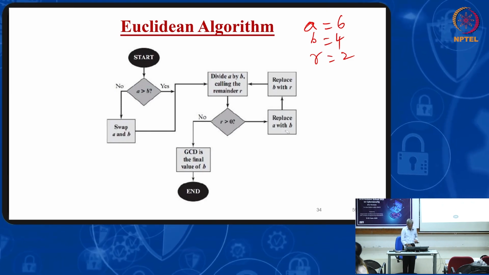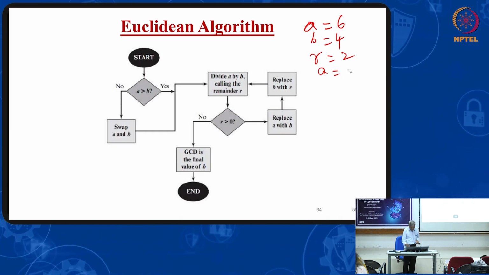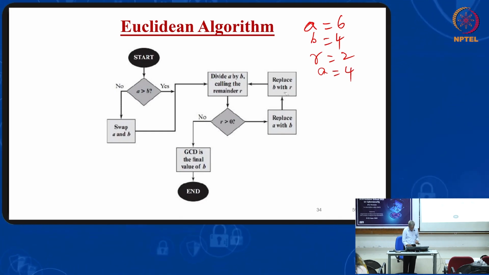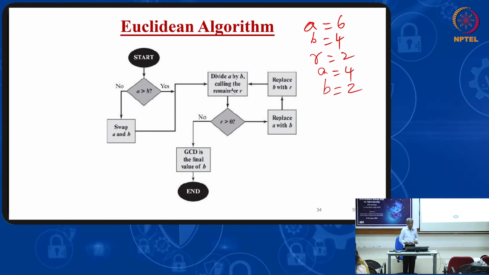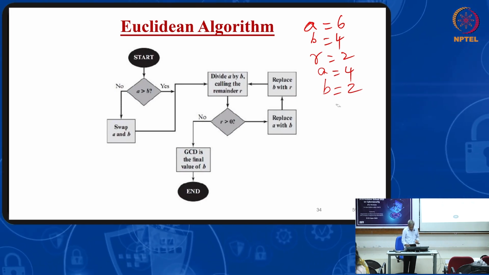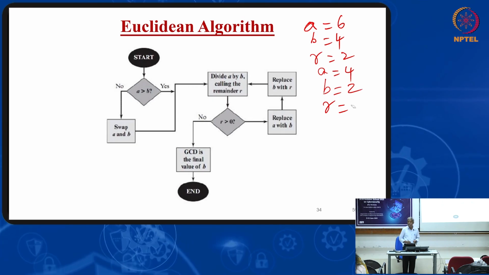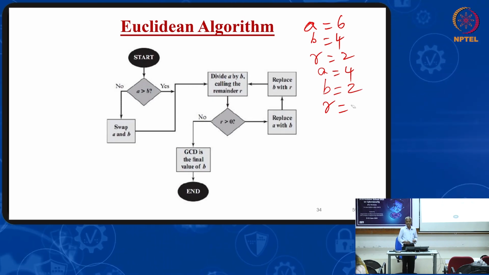Yes. If it is so, replace A with B. That means A equal to 4. Replace B with R. B equal to 2. Once again divide A by B. If you divide A by B, how much is the remainder? 4 divided by 2, remainder is 0.